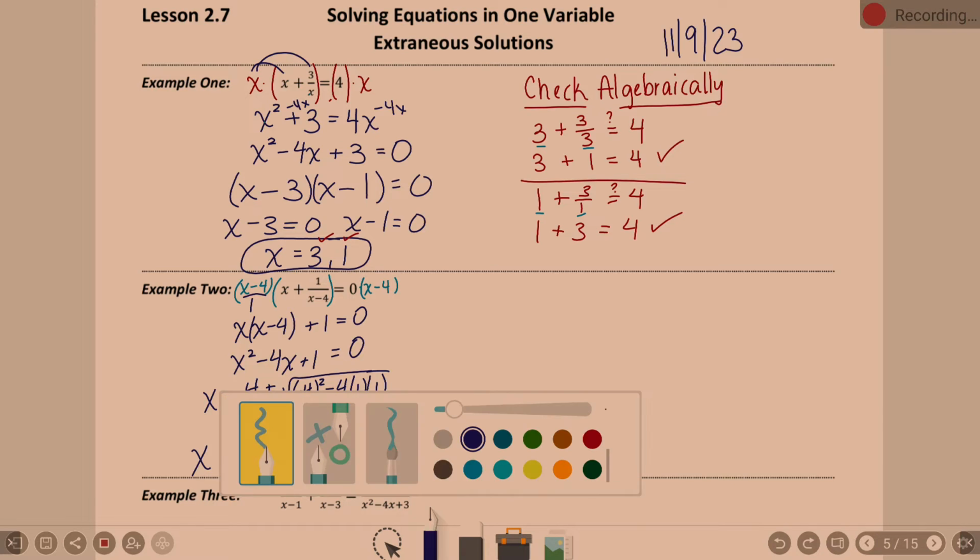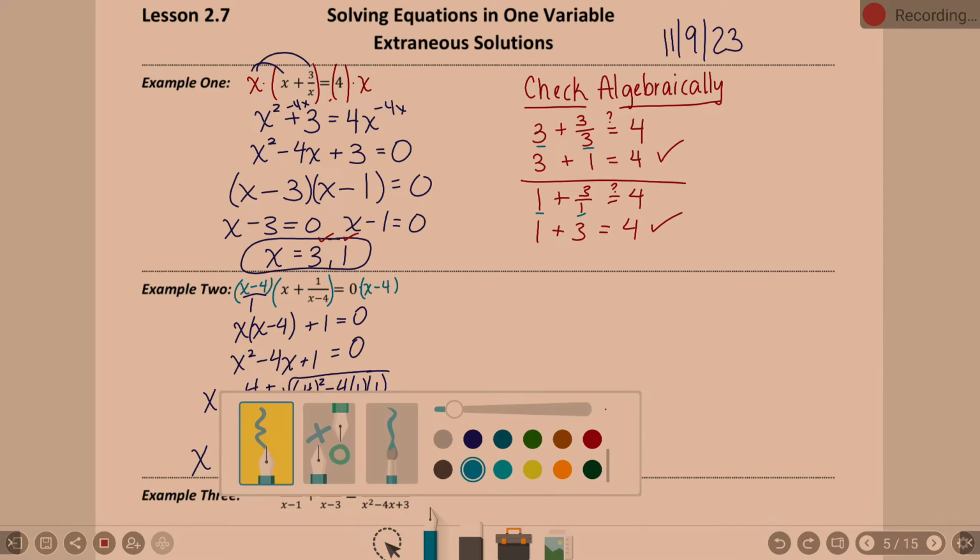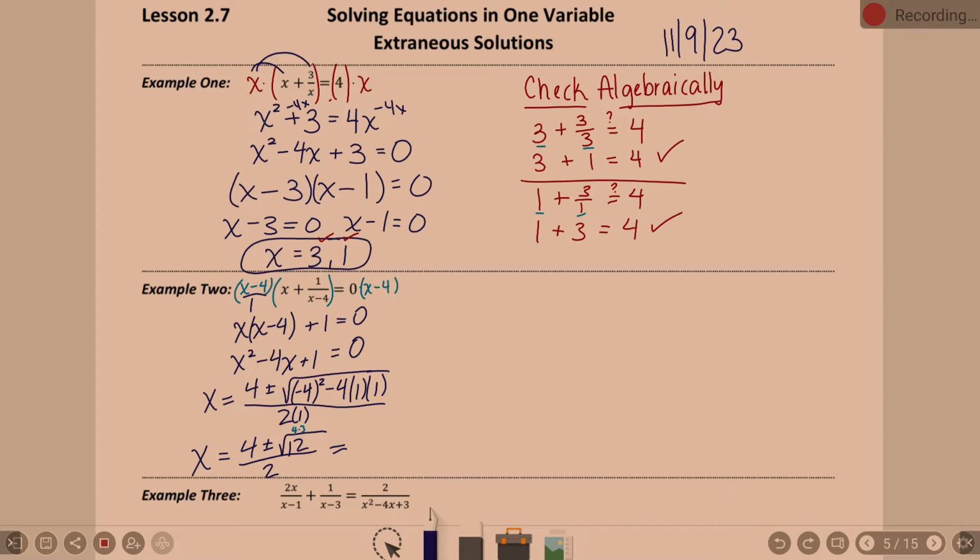But realizing we know that 12 is 4 times 3, and the important part about saying 4 times 3 is that 4 is a perfect square, right? So if we go a little farther with this, it's going to be 4 plus or minus the square root of 4, which is going to become a 2. Square root of 3 is going to stay a square root of 3, all over 2.